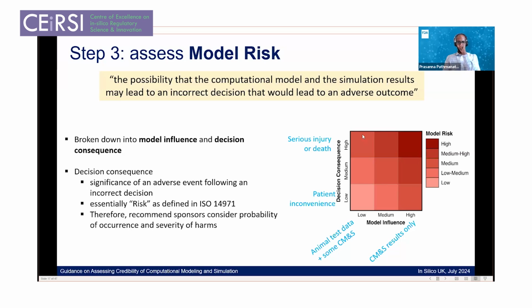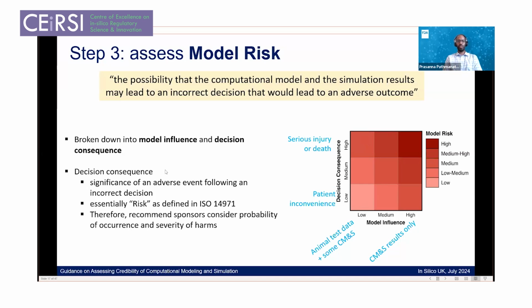Typically, when we assess model risk, we assess, first of all, influence on some kind of gradation from low to high, and then decision consequence also on some kind of gradation from low to high, maybe with intermediate levels as well.